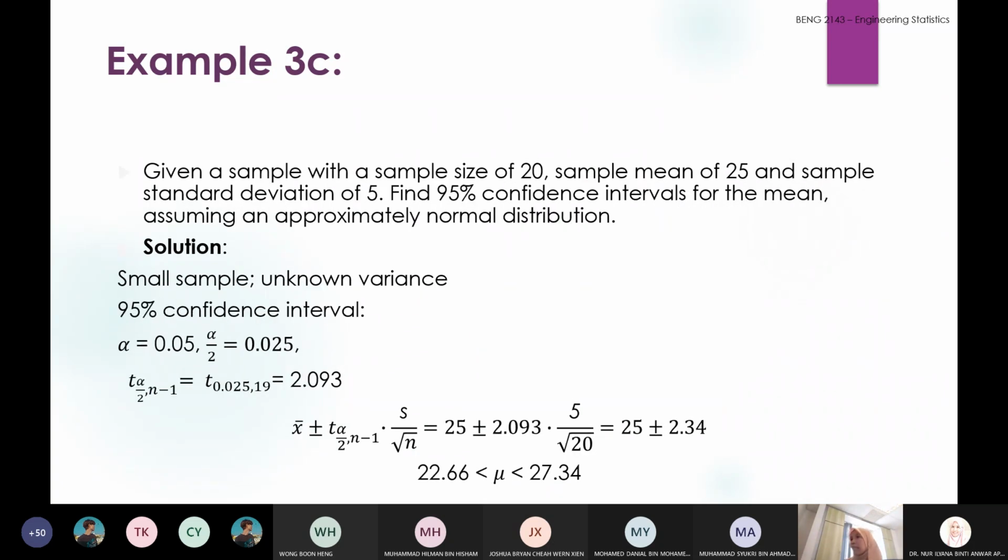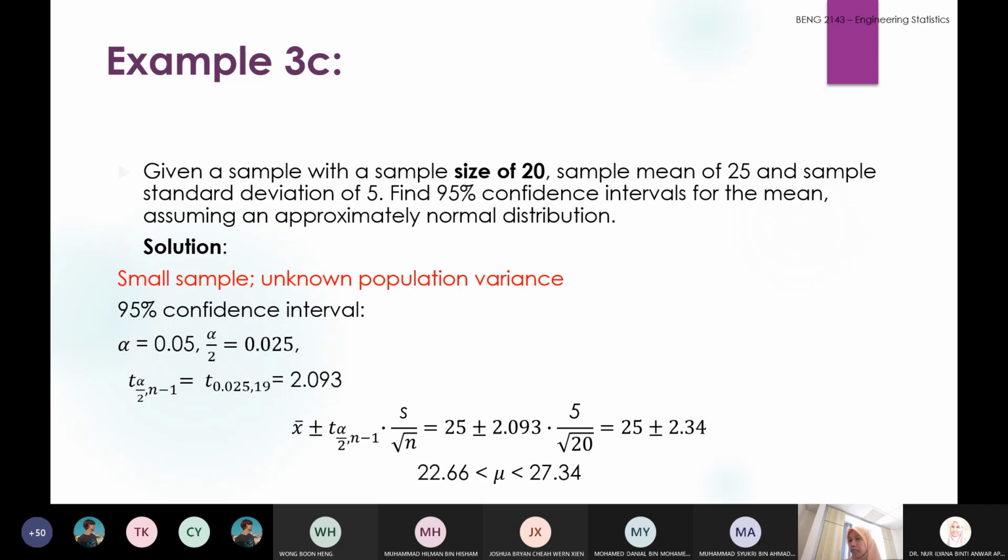We know because based on this data, the size is 20, and we only have the sample standard deviation, meaning unknown population variance. Small sample, unknown population variance.